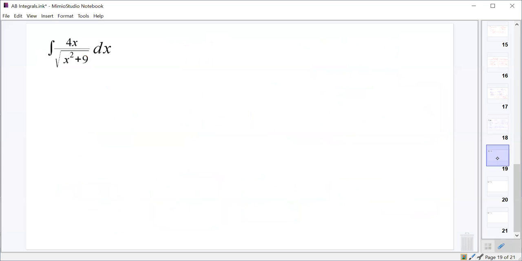All right. So we got 4x over root x squared plus 9 dx. Any suggestions for the u sub here? x squared plus 9 seems like a reasonable place to start. u equals x squared plus 9, which gets rid of most of the junk in the denominator.